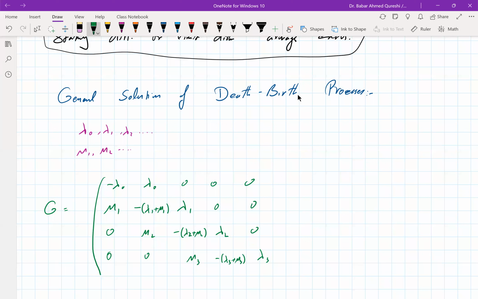So this is a very simple structure. It goes along this thickened diagonal, and over there, you know, mu2, lambda 2, in between minus the sum of the two.